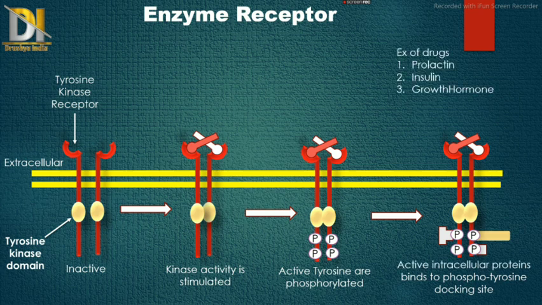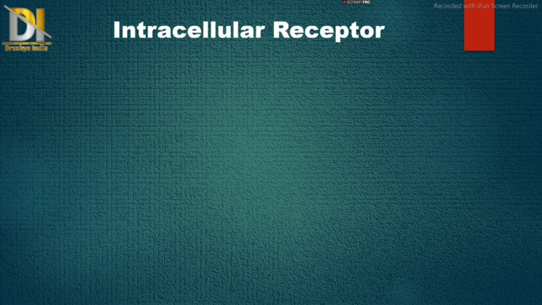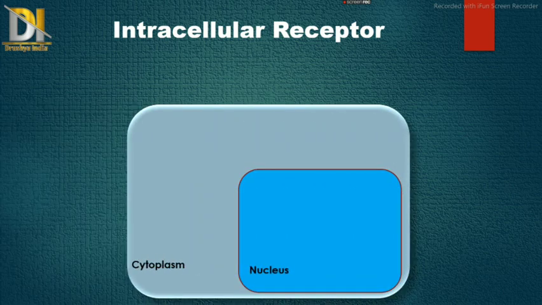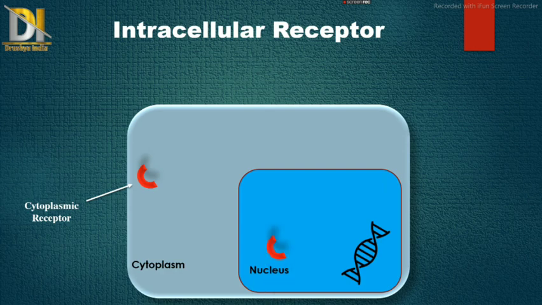And now the last one is the intracellular receptor. In intracellular receptors there are 2 types of receptor, one present in the cytoplasm and one present in the nucleus. Now we have here 2 drug molecules. One drug molecule binds to the cytoplasmic receptor and the second binds to the nuclear receptor.